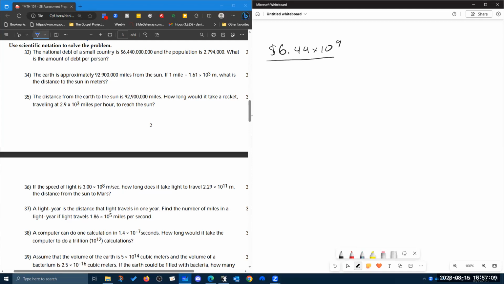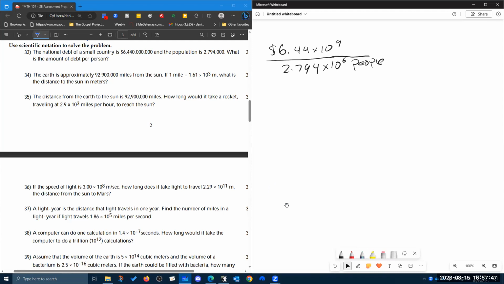And the population of the country is 2,794,000, so 2.794 times 10 to the sixth people. And we want to break that up into what is the approximate debt per person there.